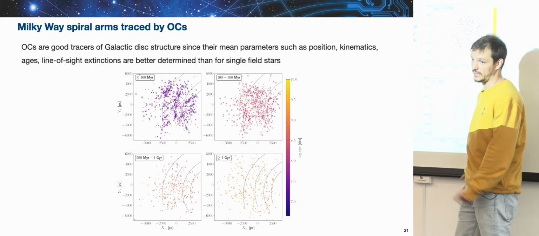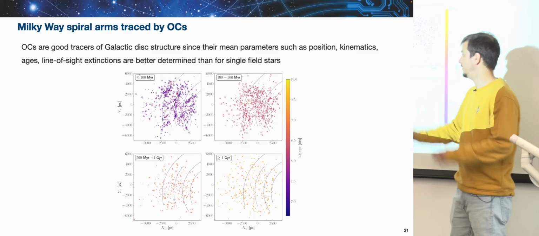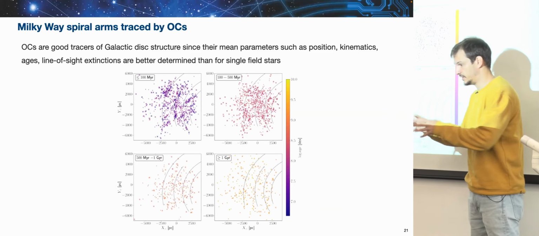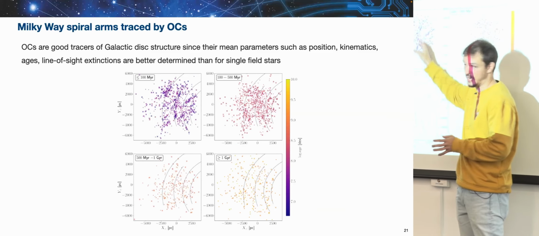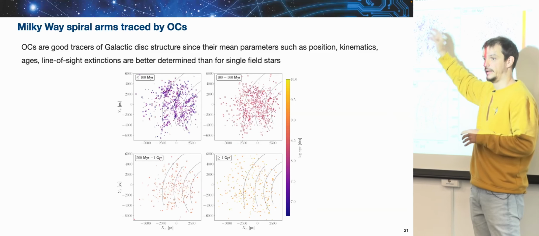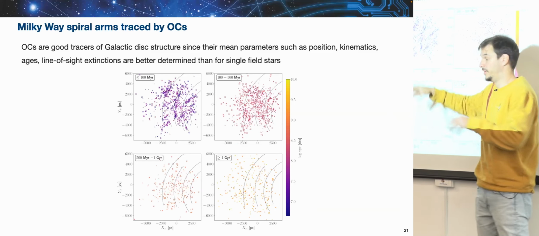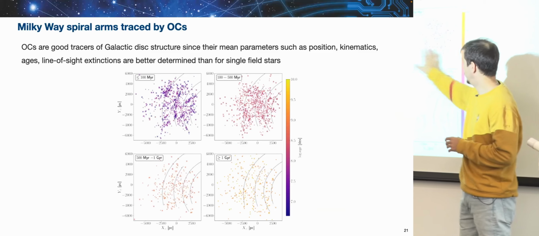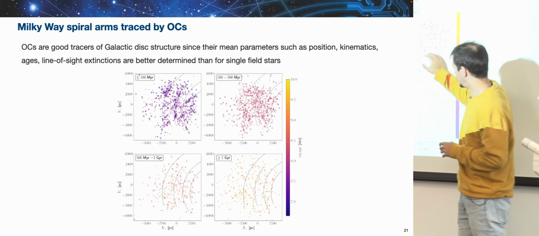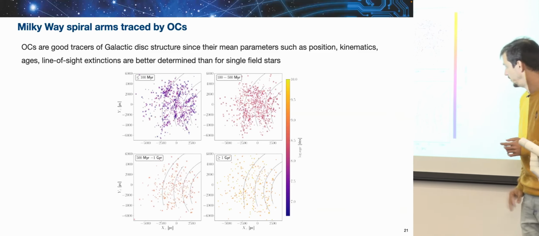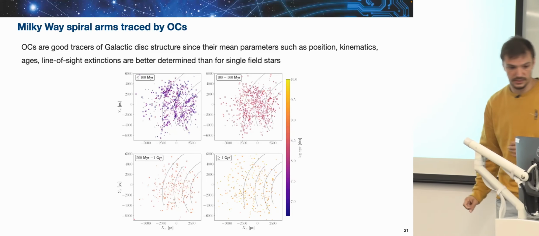Basically, we think that stars form in the galactic spiral arms, so we can have an overdensity of these young objects where they are formed. And then as you go older and older, this substructure is dispersed and removed basically completely for very old clusters.